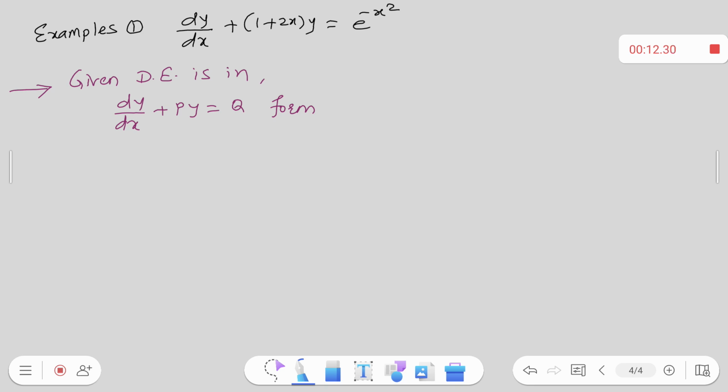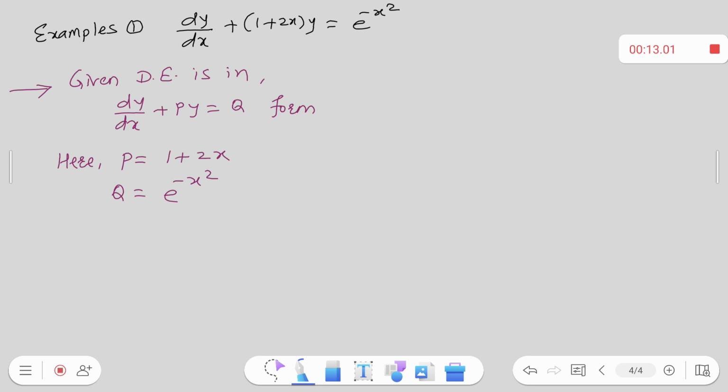So what are p and q? Here p is the coefficient of y, so p is 1 plus 2x, and q is e to the power minus x square, that is the right hand side function. Now once we identify that the given differential equation is linear, we know the solution.